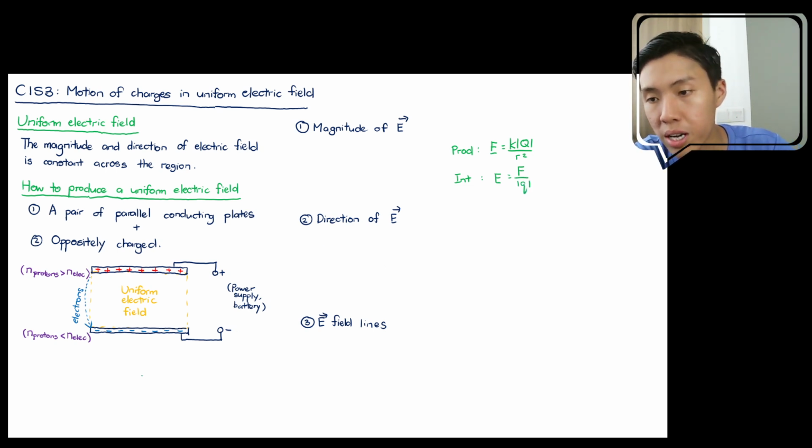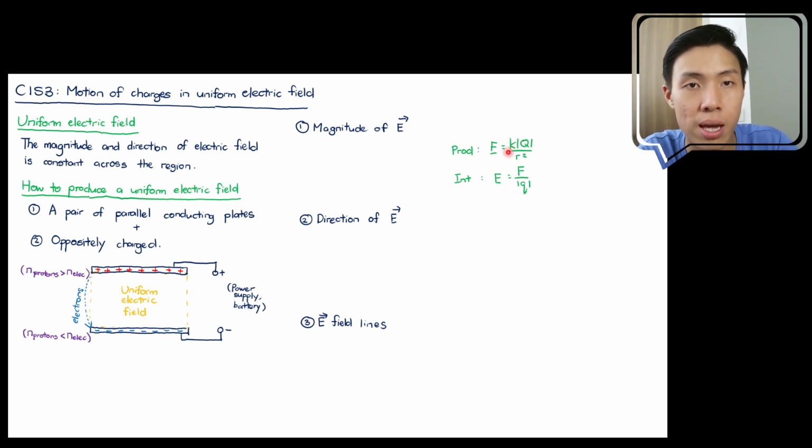I would like to remind all of you that this equation is derived by taking F and substituting it with Coulomb's law. If you put in Coulomb's law, kQq/r², inside this F, the small q crosses out, and you get this equation.